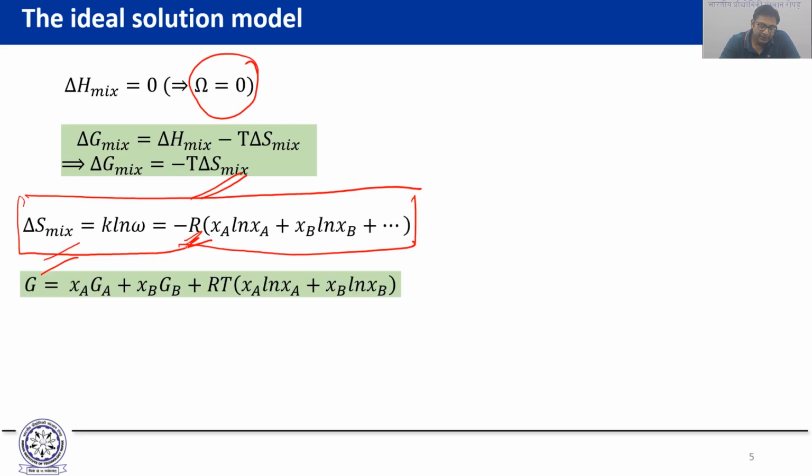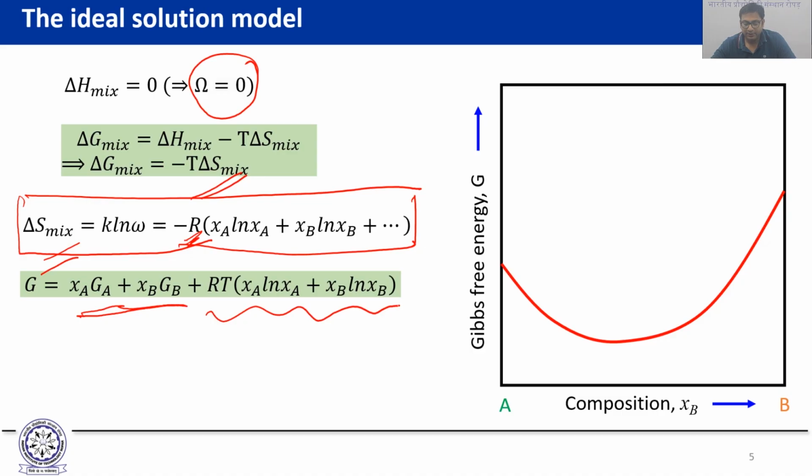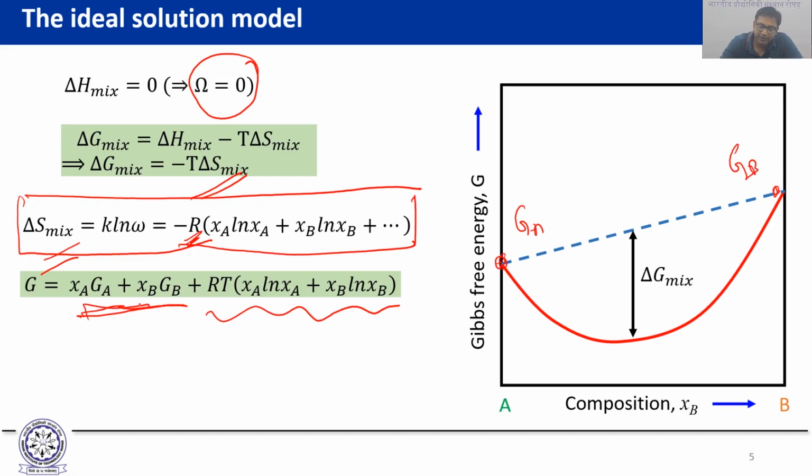Now, in the ideal solution model, the overall free energy is simply going to be the weighted sum of the free energy of individual A and B coupled with the contribution of the entropy. If you plot the Gibbs free energy as a function of the composition, and this is GA and this is GB, this first term is simply given by the straight line, and then the delta G mix is really the amount of stabilization that you are getting as a consequence of entropy.